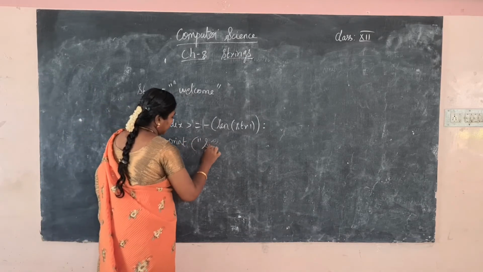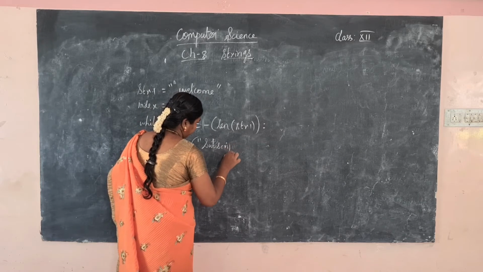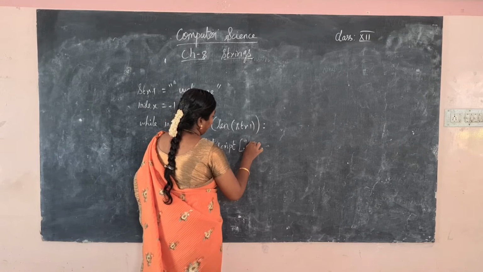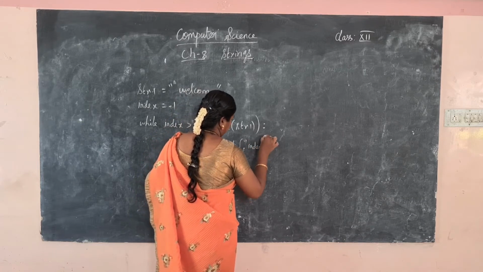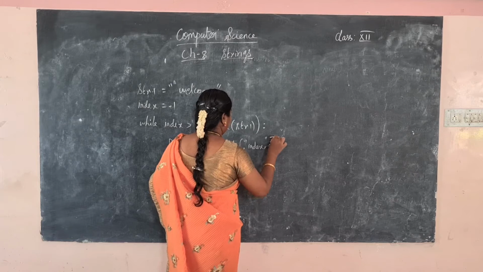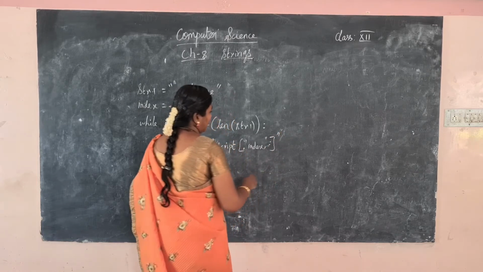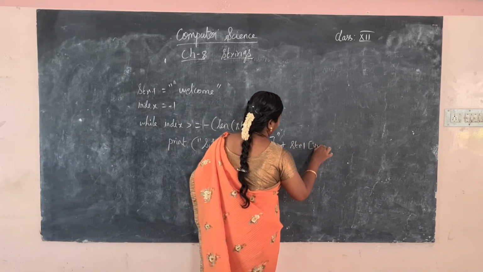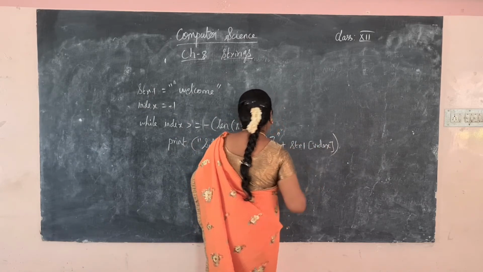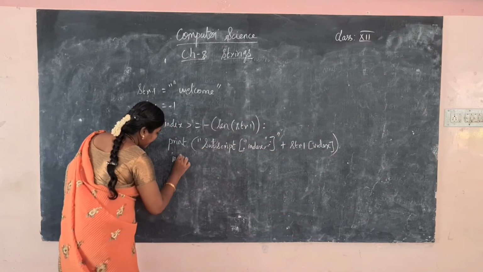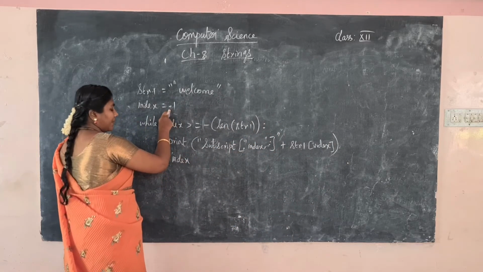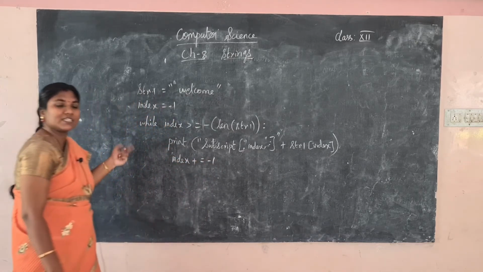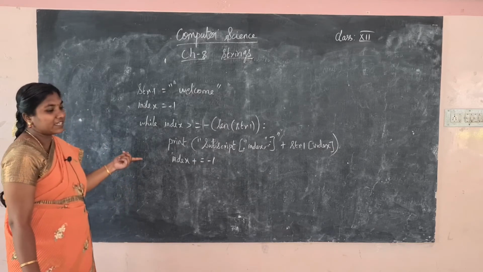So print subscript, I am having the index, plus string 1 of index, and then the index value must be changed by -1, so index plus equal to -1. -1 plus -1 will give -2.